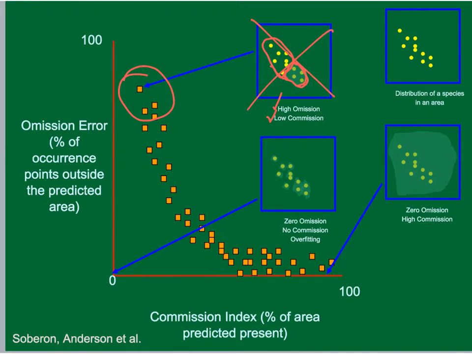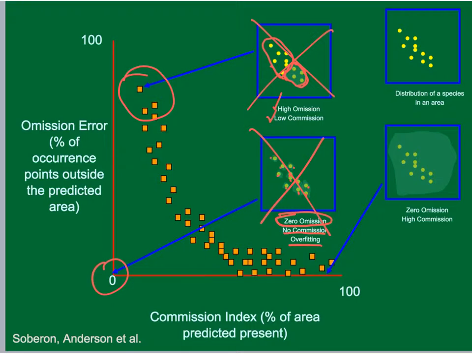Let's look at our next example here. So we have very low omission, zero omission. That's ideal for omission, but our commission is essentially equal to just the individual pixels that we have where our points have occurred. So we have very low commission, and this is what we would call an overfit model, or we're overfitting the covariates to our point data. So this is also not a good model.